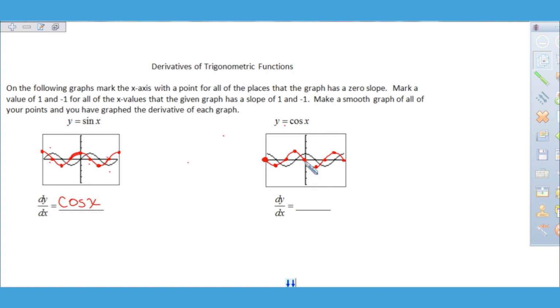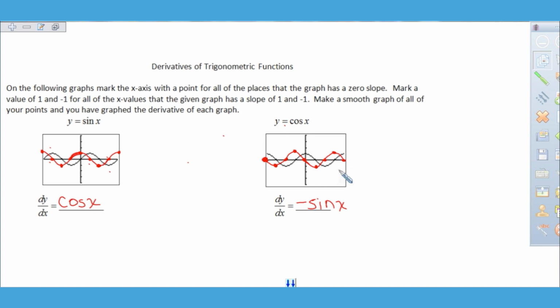If sine starts at 0 and goes up first, this is the negative of sine. Isn't that crazy? It's the negative of sine. So the derivative of sine is really cosine. And the derivative of cosine is sine, but it's the negative of it because it starts going down first instead of going up first. Ain't that nuts? I know, right?